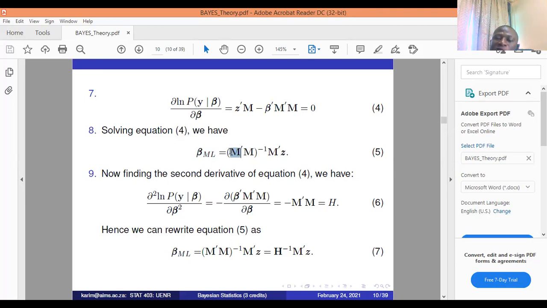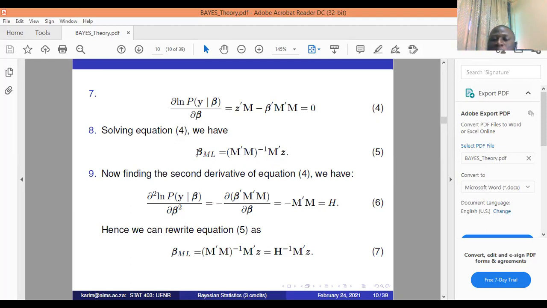The M is your X. So change this to X, change that to X, change this one to X, and then change the Z to Y. Is it not the same? Our Z is the Y together with the variance, and the M are the X's. Substitute that and see whether you will not get the same formula as we had under environmental statistics when I taught you regression models and multiple regression.